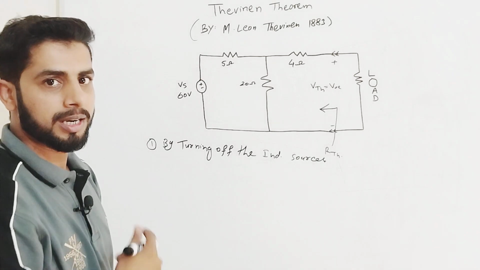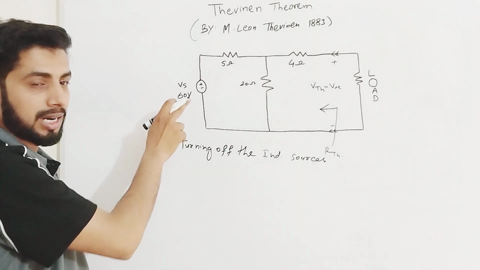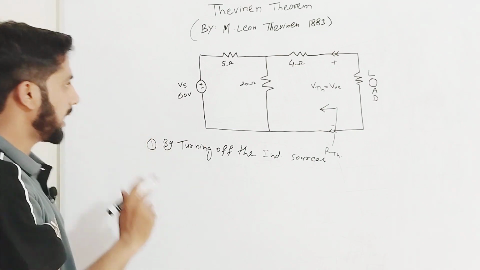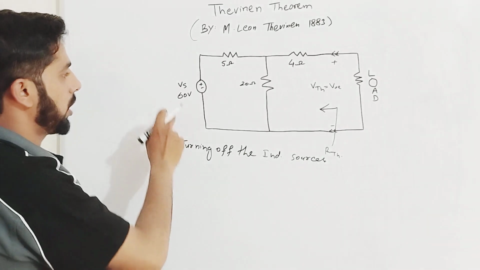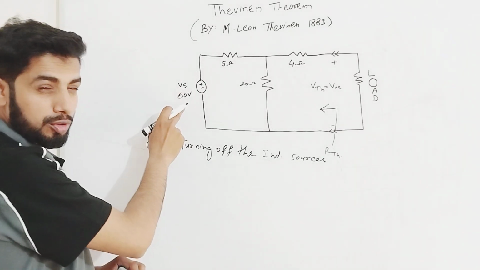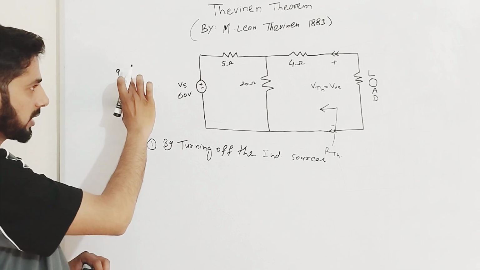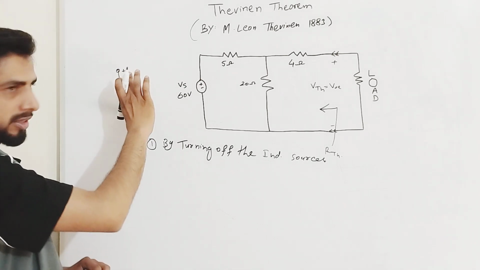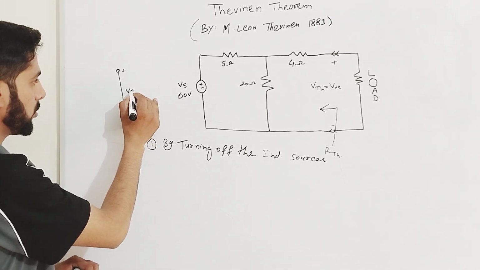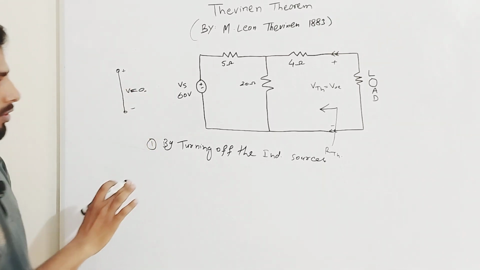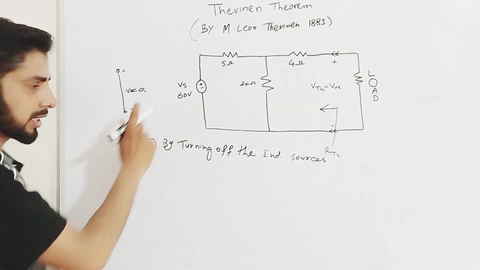At this point multiple students get confused about whether to open or short it. As you know, we have to make them zero. How can we make the voltage source zero? If I short the voltage source at these two points, the potential difference is zero, so the voltage will be equal to zero. So by shorting the voltage sources, we make them zero.